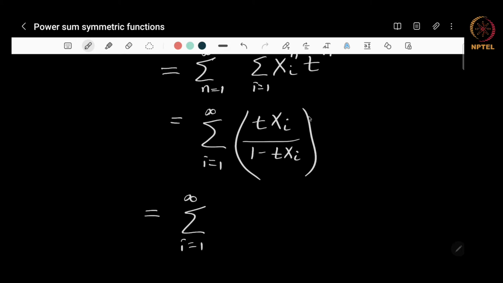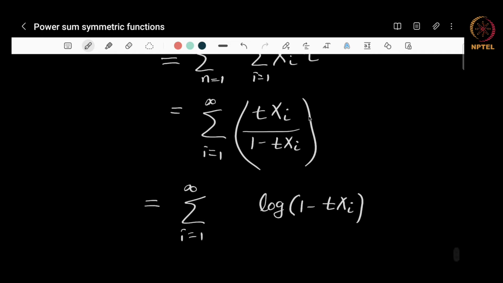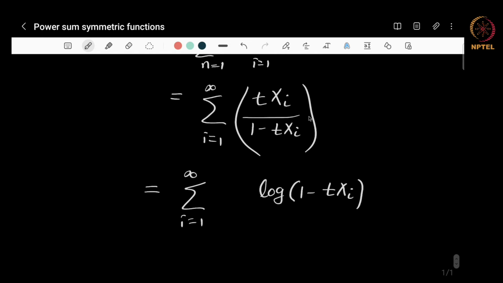So let's think of it as follows. You just take the following power series, look at log of 1 minus t xi. Think of it as a power series in t. So the logarithm is some power series. And now when you take the derivative of log, it works like in ordinary calculus. So what's the derivative of log?